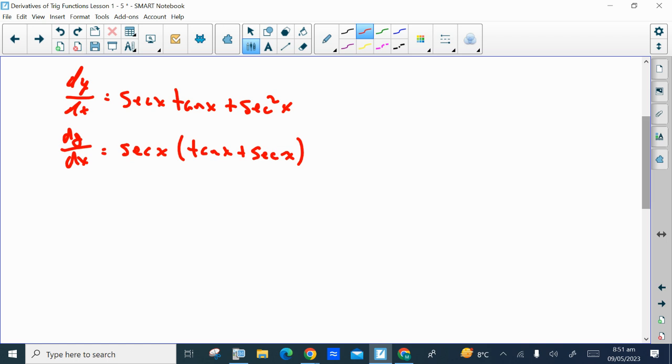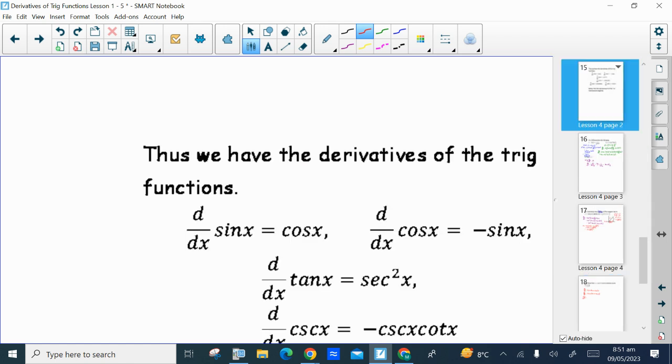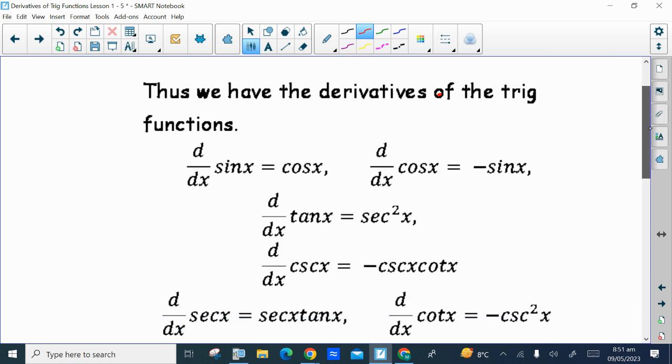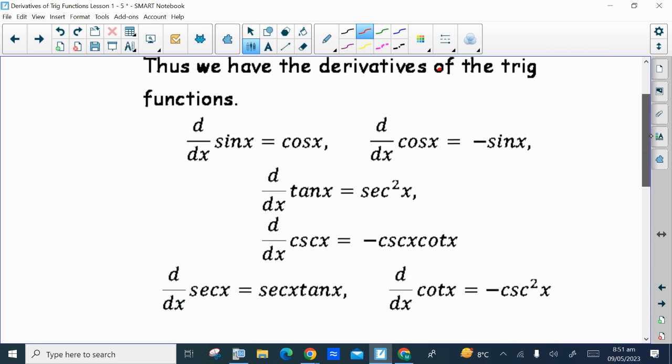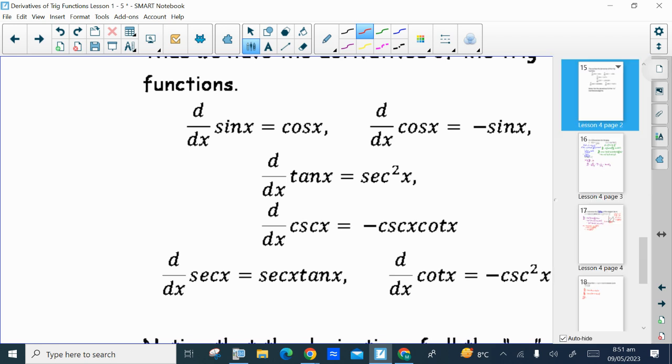Okay, so now we'll take the second derivative, d squared y over dx squared. So using the product rule, the derivative of the first, the derivative of secant x, if again we go back, the derivative of secant is sec x tan x.